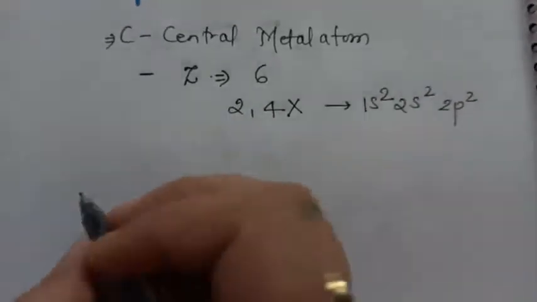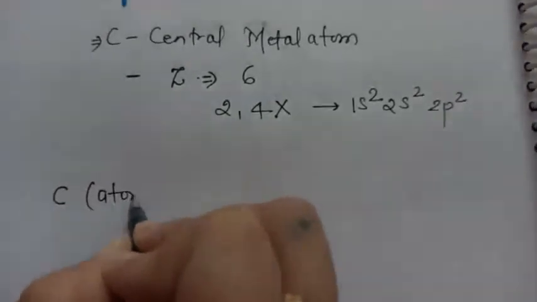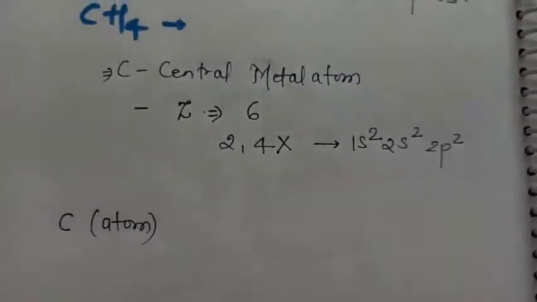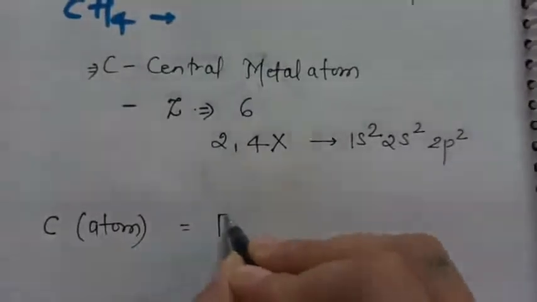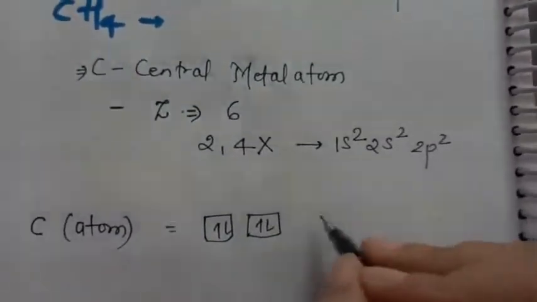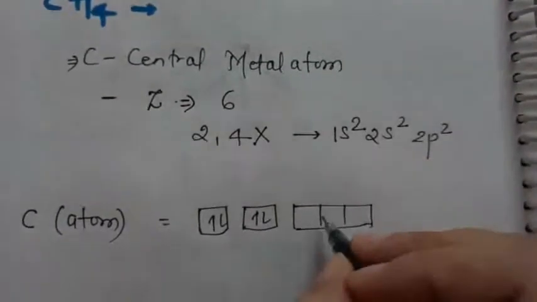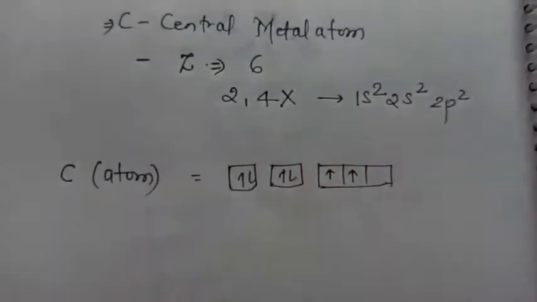Your answer will come. So you will write carbon when it is an atom, meaning carbon in the elemental, atomic form. It has not made any bond. In that situation, it is 1s2, 2s2 and 2p2. I have just drawn this configuration.